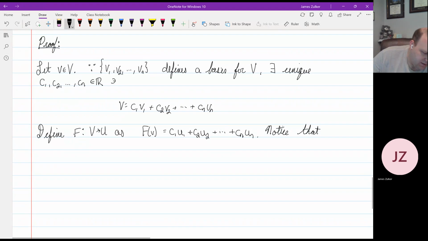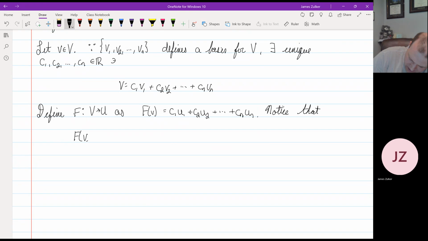Notice that f of V sub I would equal 0 U1 plus 0 U2 plus so on and so forth plus U sub I, plus so on and so forth, plus 0 U sub n, which is just U sub I.